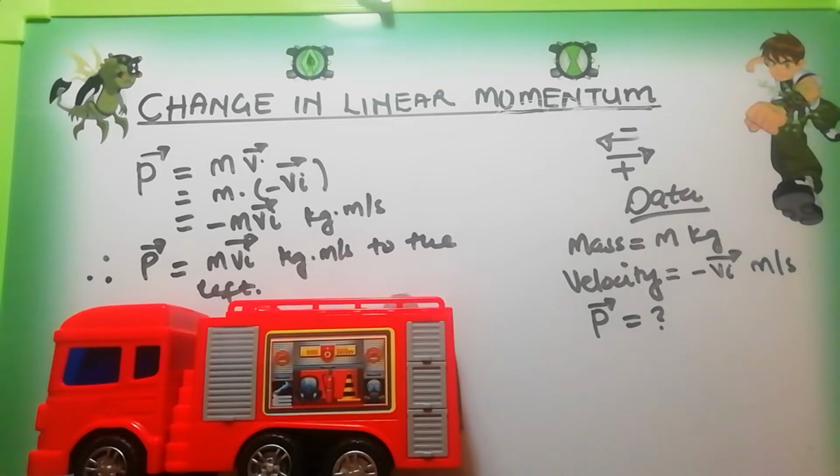Now we are required to calculate its momentum before it came to its rest position or stationary point. So we have to calculate its momentum in terms of m and vf, just before it stopped.